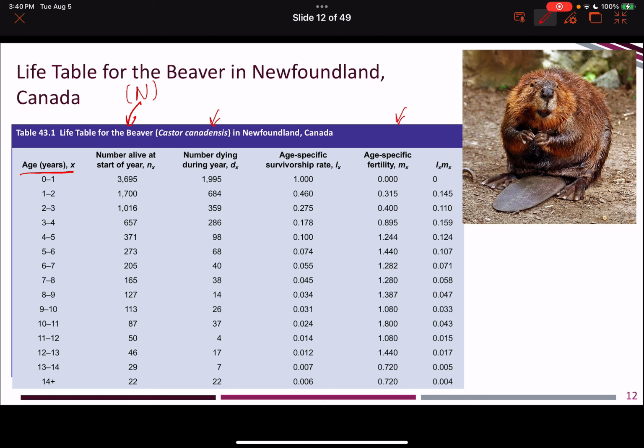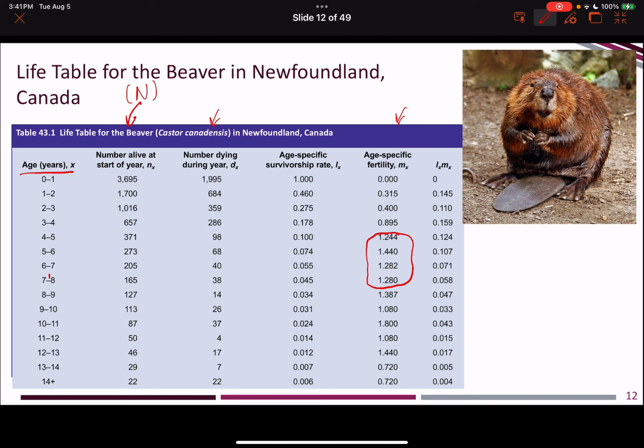Age-specific fertility is basically the number of average offspring for each age group. So you can see that highest fertility is roughly between 4 and 7 or 8 years. This would be where the females are having the most offspring in this population. And you can see, of course, the really young ones are not having any babies.